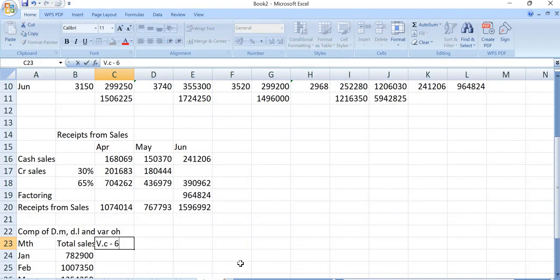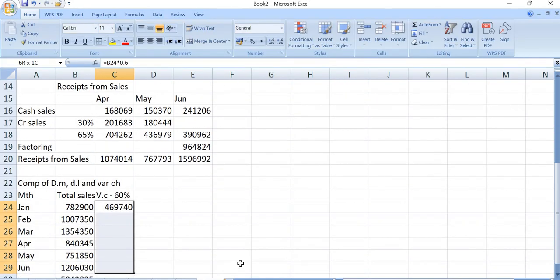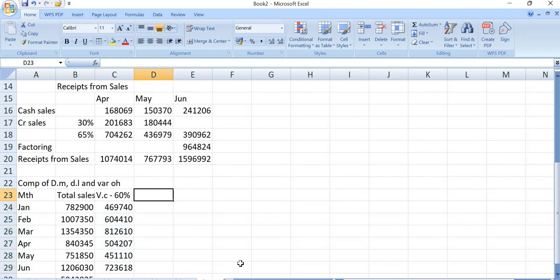So here they have given PV ratio, right? So PV ratio is 40%. So 60% will be for variable cost. So variable cost is 60% on sales. So I need to calculate 7,82,900 into 0.6, like that I need to calculate.